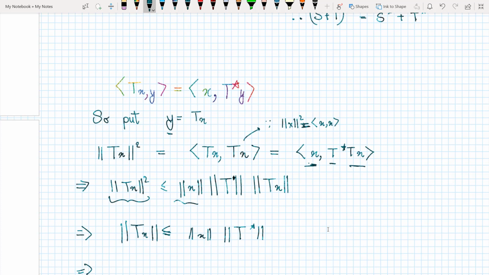Then I can cancel the norm of Tx from here, and I can say that the norm of Tx is less than or equal to the norm of x times the norm of T star.